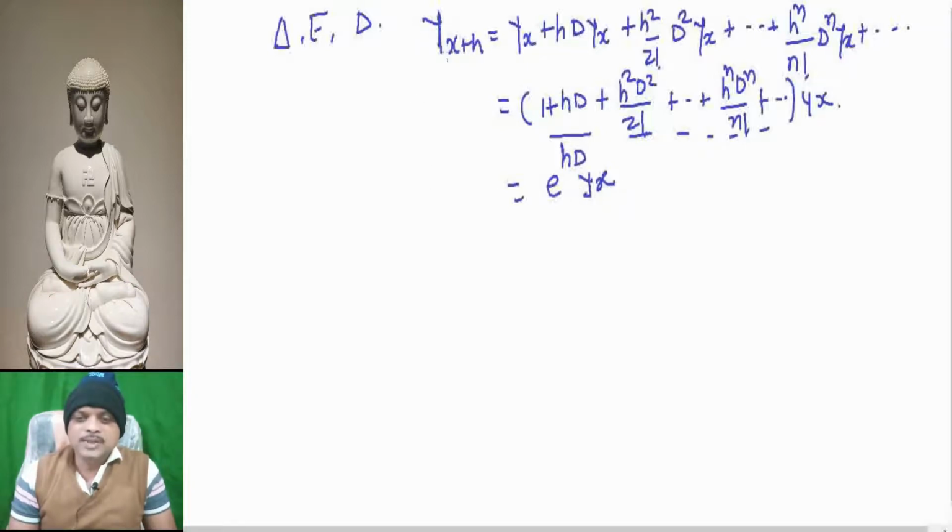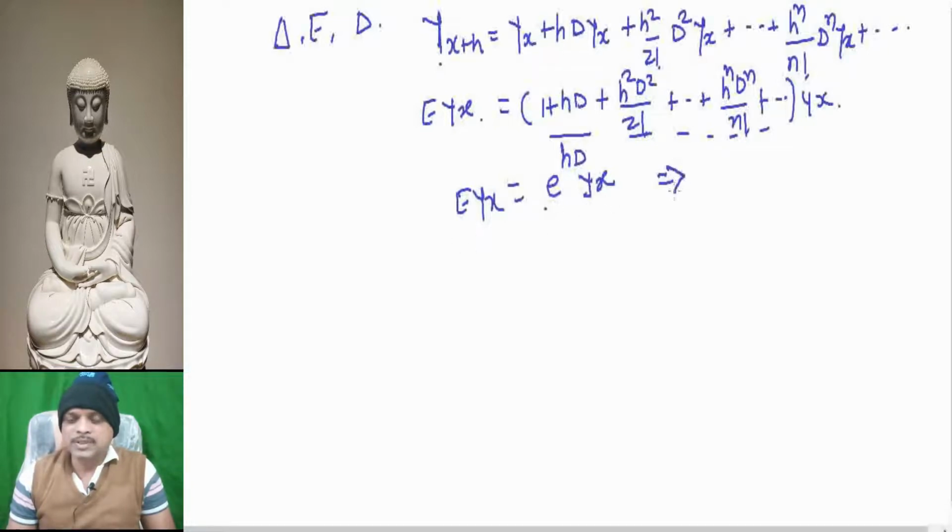Again, y(x plus h) we write as E y(x), where h is added. So, E y(x) equals e raised to hD y(x), and hence we get a beautiful result between the shifting operator and the derivative: E equals e raised to hD. But what is E? E equals 1 plus delta.